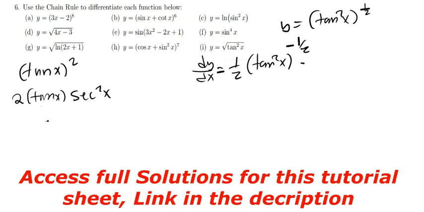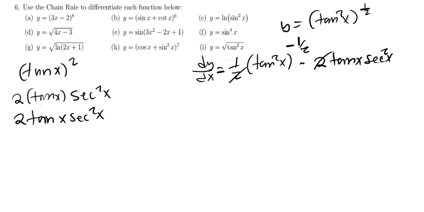So it's like you have got 2 tan x sec squared x. So it's the one you are going to do times there. So you have 2 tan x sec squared x, meaning these 2 will cancel.